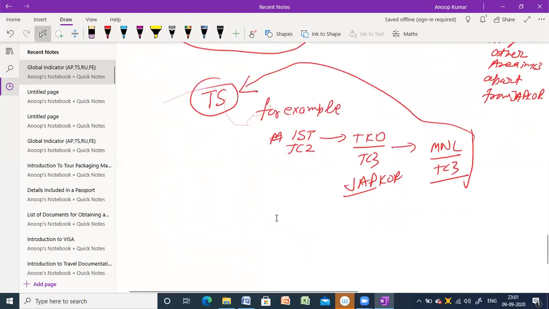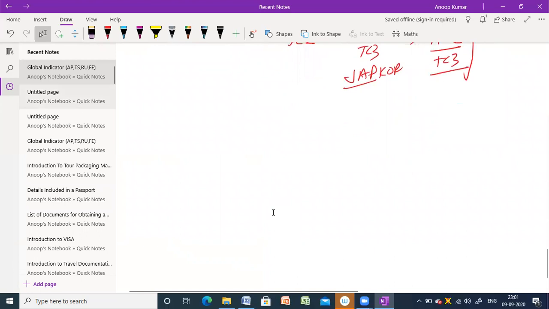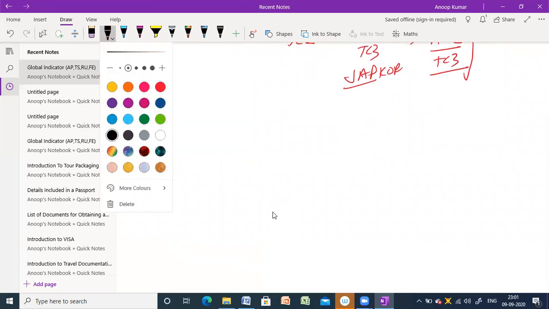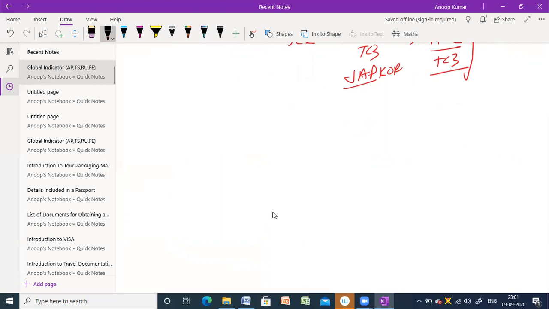Now let's move to another global indicator, that is RU, and let's try to understand the condition associated with the RU global indicator. The full form of RU global indicator is Russia. Now, for any journey that falls under RU global indicator, the flight must start from TC2 area.